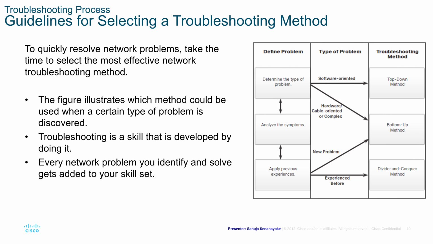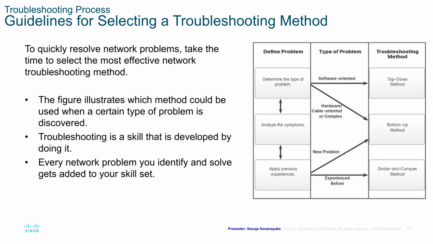So over the period of your networking career, as you get more experience and you become better at troubleshooting, every network problem you identify and solve gets added to your skill set. So every single time you solve a problem of a system or a network, you get good at it, and it gets added to your repository of all your troubleshooting skill sets, and you get better at it over a period of time.